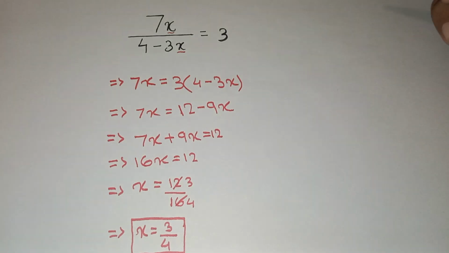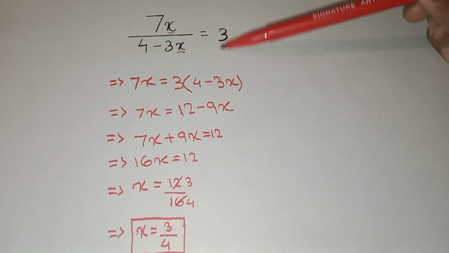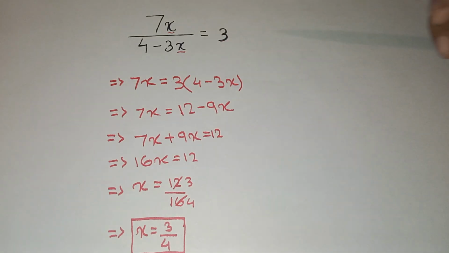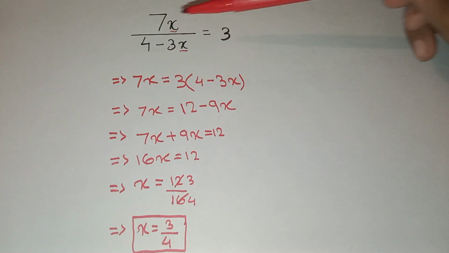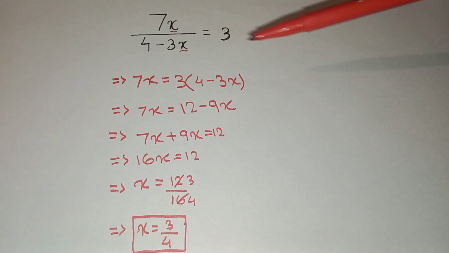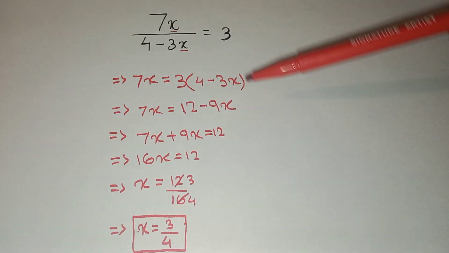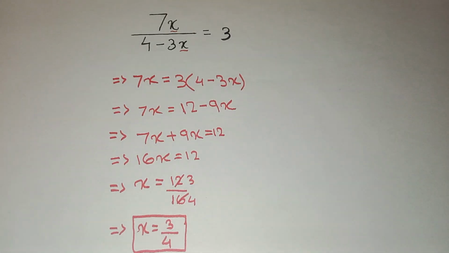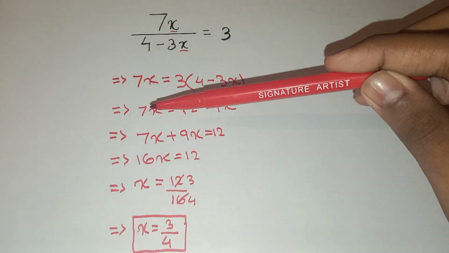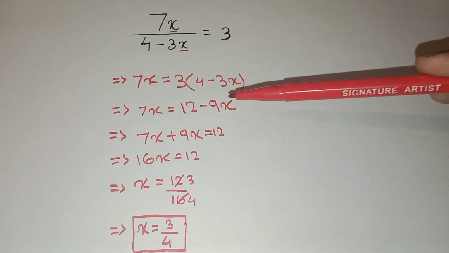So firstly, 7x will be multiplied by 1 because there's nothing in the denominator, meaning it's 1. So 7x equal to 3 multiplied by 4 minus 3x, because the equal sign means cross multiply. 3 multiplied by 4 minus 3x gives 12 minus 9x. Then we collect the like terms at one place. 9x comes to the left hand side, so 9x plus 7x equal to 12.